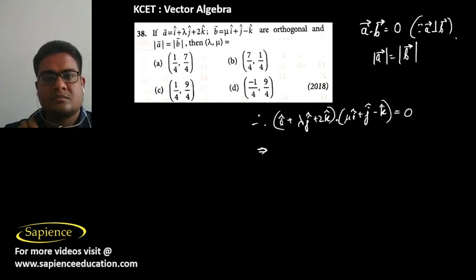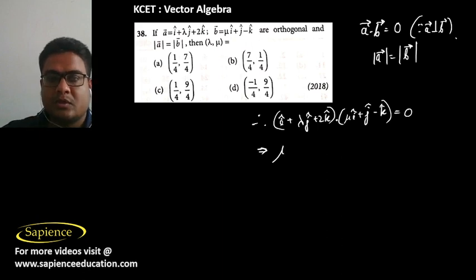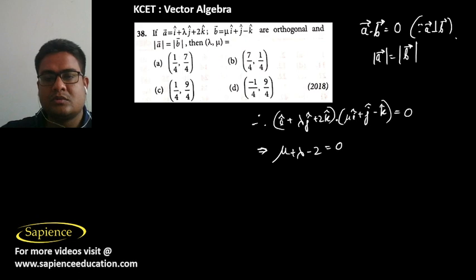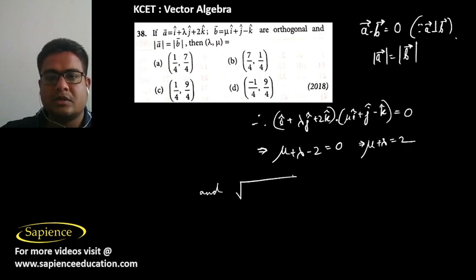So this will be mu plus lambda minus 2, which is equal to 0. So mu plus lambda is equal to 2. Their magnitudes are also the same, so the square root of 1 plus lambda square plus 4 is equal to the square root of mu square plus 1 plus 1.